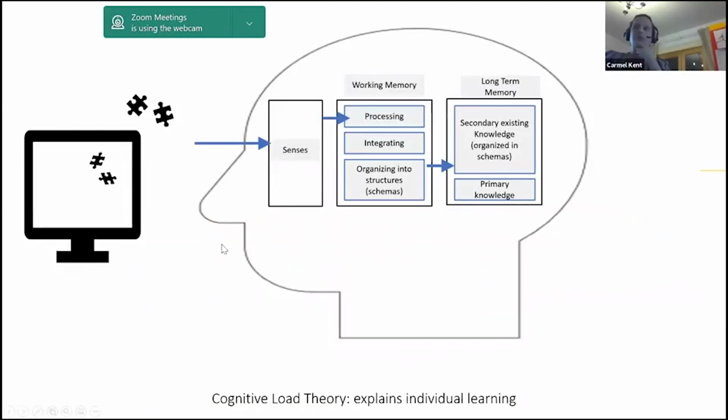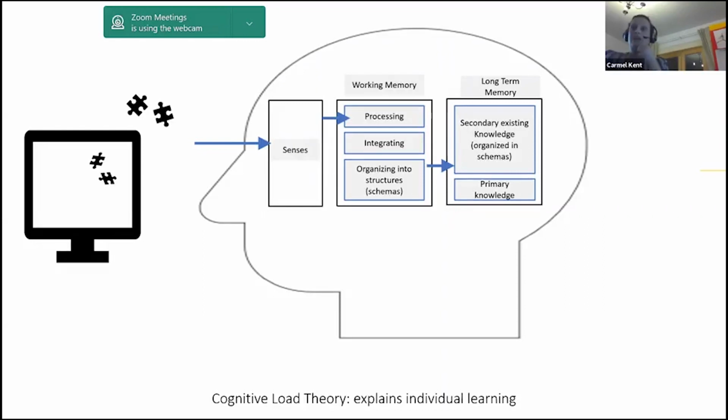So the theory we were based on is one of the most used ones in the learning sciences, which is the cognitive load theory. When learning, by the cognitive load theory, which tries to explain learning, we consume new information through our senses. This information is processed in our most limited resource, which is the working memory.